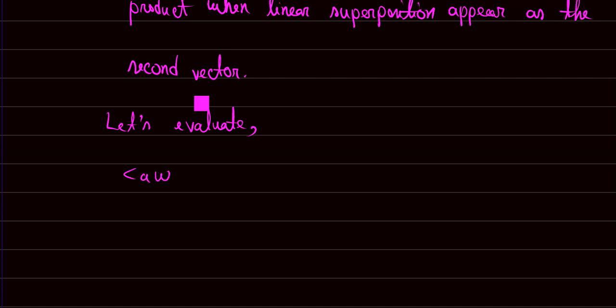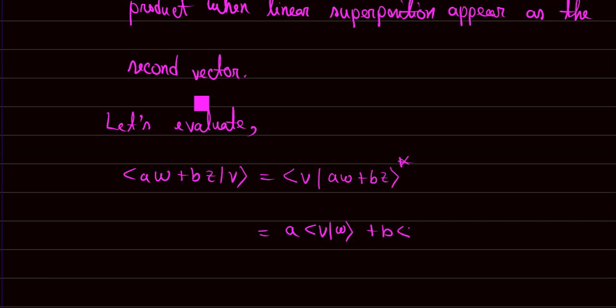Let's say we have the linear superposition as a first vector in our inner product. So from the first axiom we can write this. This is equal to the complex conjugate of, if we change the order, right?